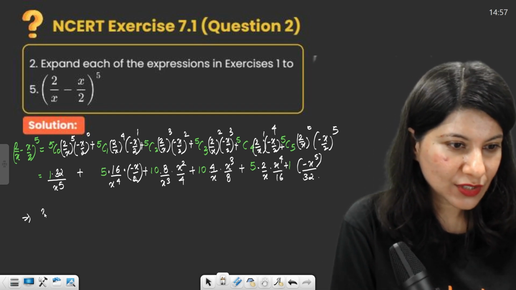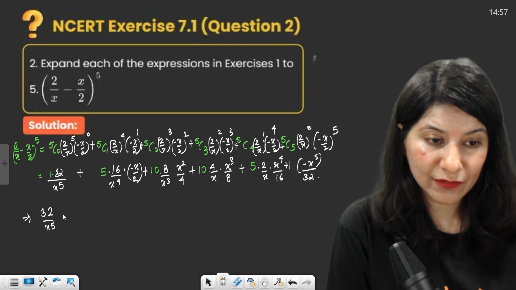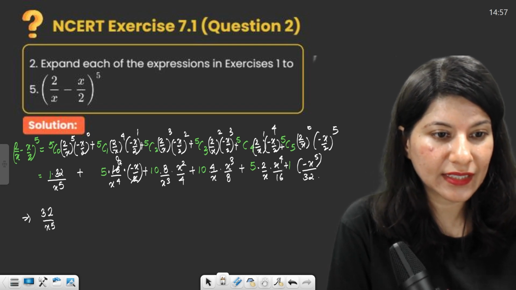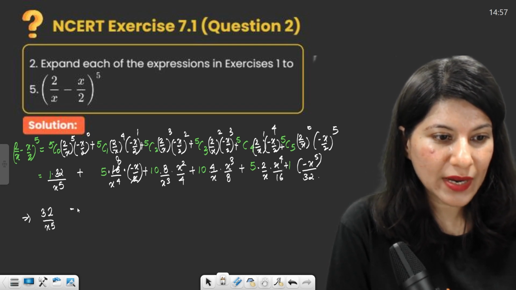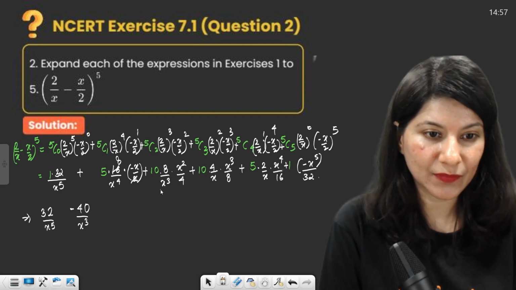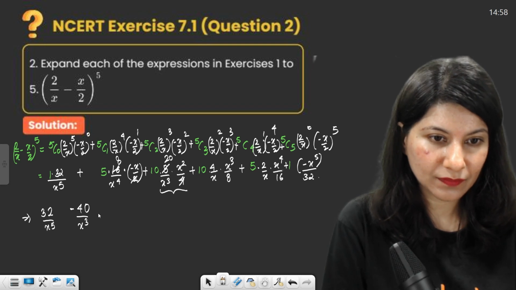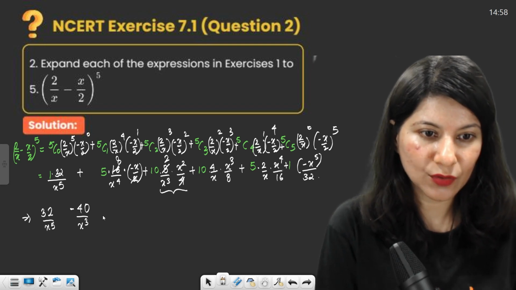Now let's just list down 32 by x raised to power 5. Then we are having 2 and this is 8. 8 5s are 40. So minus 40 upon x cube. This is our next term, third term. 4 2s are 8. So 2.